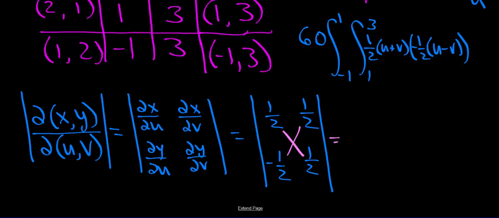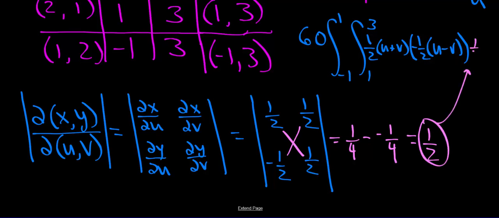So this is going to be 1/4 minus a negative 1/4, which is 1/2. That right there is the missing piece that has to go there.